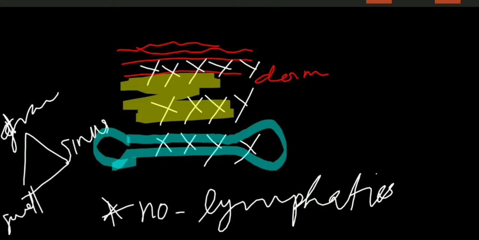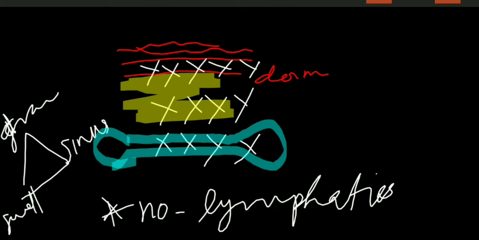This is the triad which we observe in Mycetoma, but you cannot see this in sporotrichosis. In sporotrichosis there is lymphatic involvement, but here there is no lymphatic involvement. So these are important to remember.